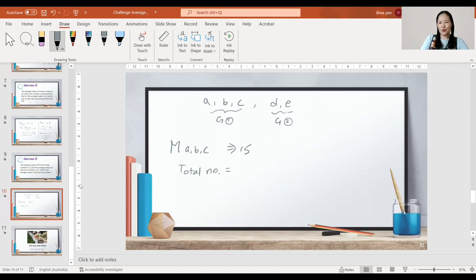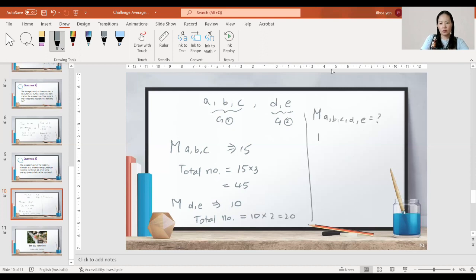By now, you will know what I'm going to do, don't you? I'm going to say 15 plus 15 plus 15, which is like 15 times 3, 45. And the other 2, D and E, is 10. So what's my total number for the second group? It'll be 10 times 2 will be 20.